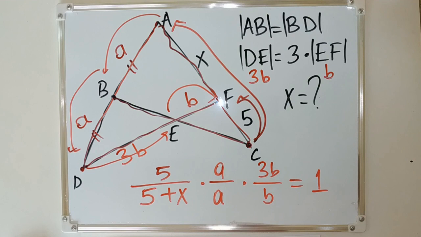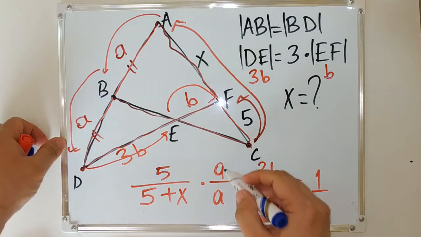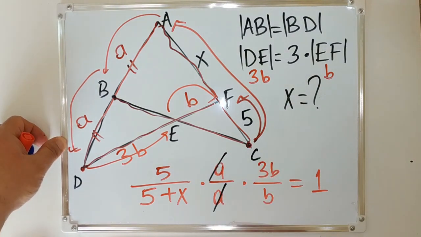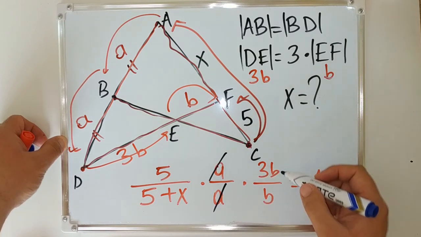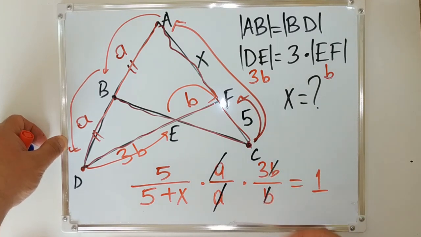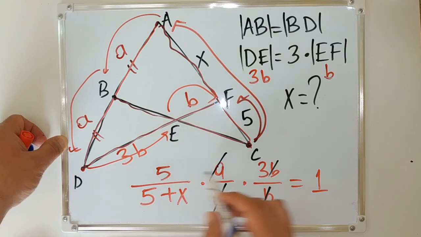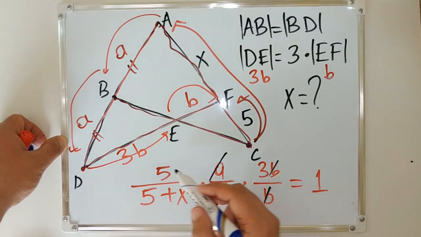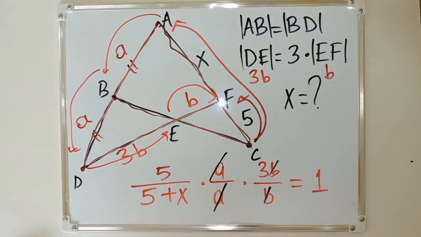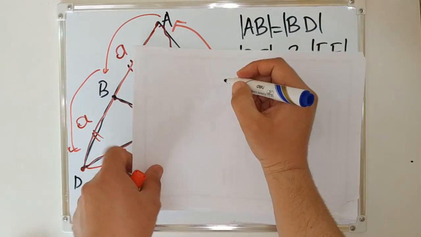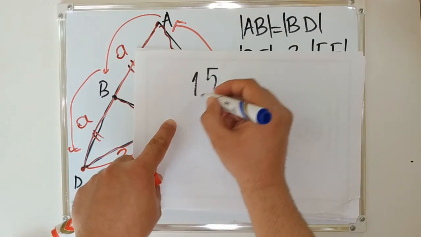First we do some simplifications here. a over a is equal to 1, and b and b cancel out. We have 3, so in the numerator we are left with 5 times 3, which is equal to 15.